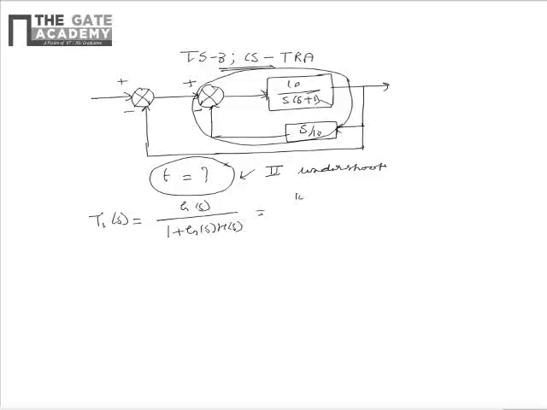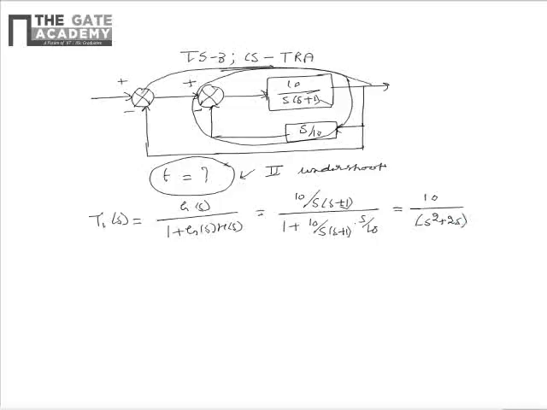Please note that here g of s is equal to 10 by s into s plus 1, and h of s is equal to s by 10. Upon substituting the quantities, we see that the transfer function of the marked portion gets simplified as 10 divided by s square plus 2s.